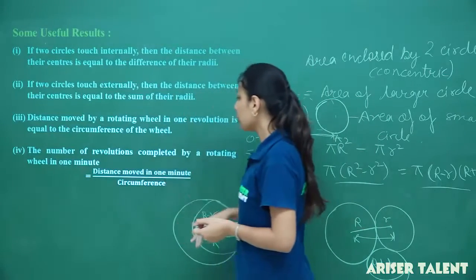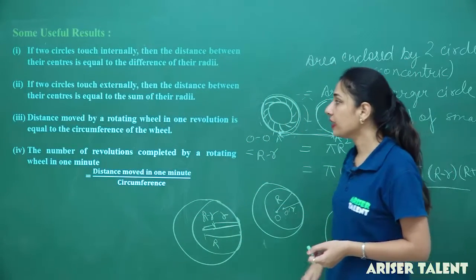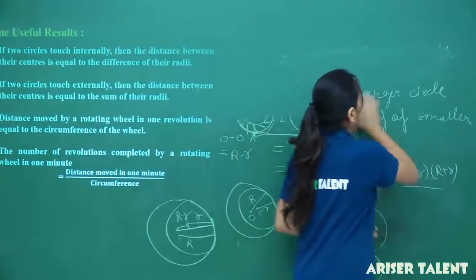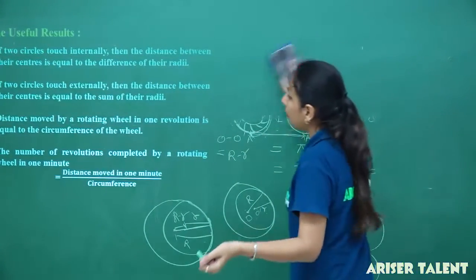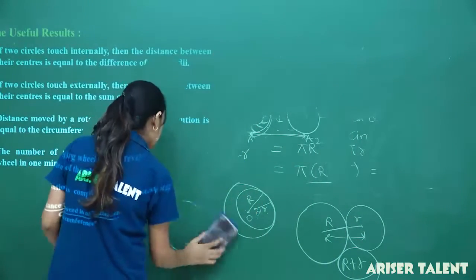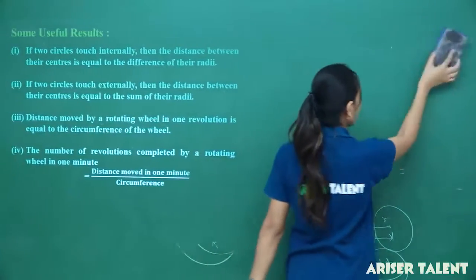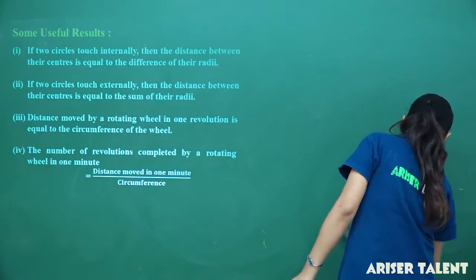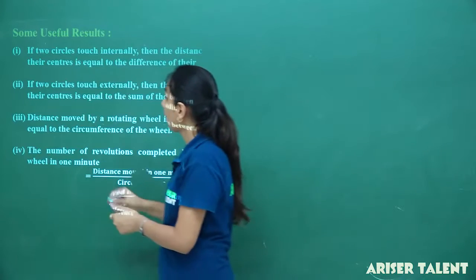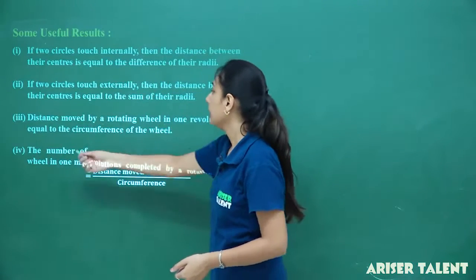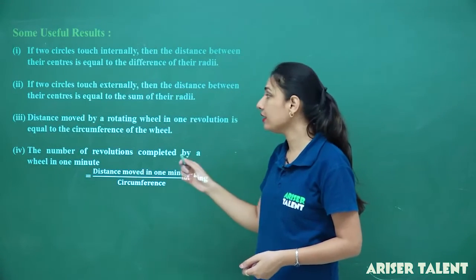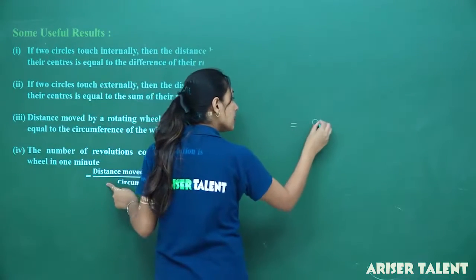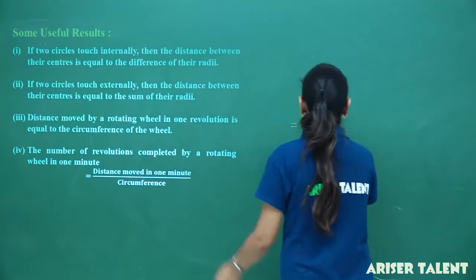The number of revolutions completed by a rotating wheel in 1 minute. You have all this written in this slide, so note that in your notebooks, students, it's important. The number of revolutions completed by a rotating wheel will be what?